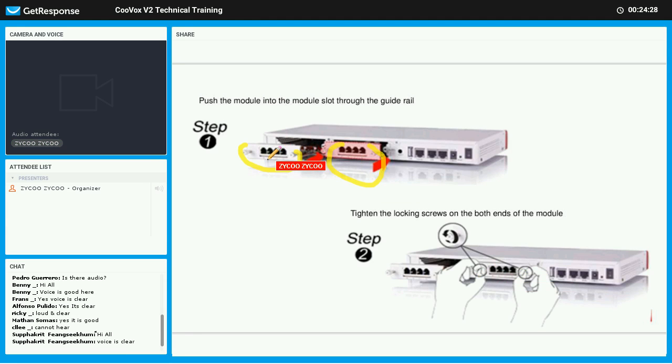Just push the module into the proper slot and screw it tight, then it can work properly. Tighten the screws properly. Don't leave it loose, otherwise it may not be connected to the main circuit board, so there may be a chance of malfunctioning or non-detection. So make sure to install the modules properly on the back side of the panel.